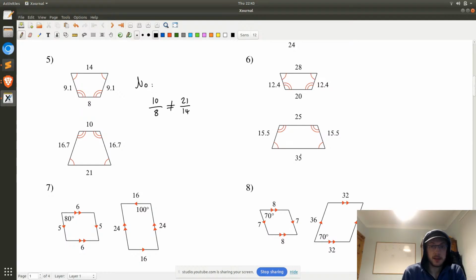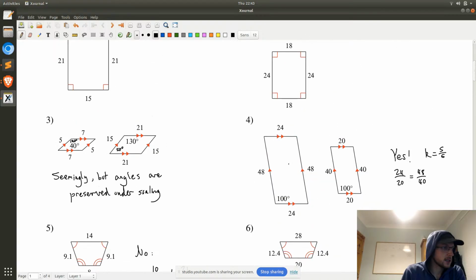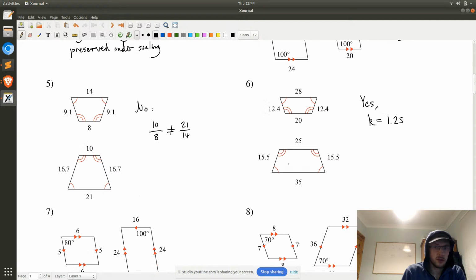And that works out here just fine. But what about here? To go from 12.4 to 15.5? Well, a quarter of 12.4 is 3.1, and so that's indeed true. Angles are preserved and sides are appropriately scaled. And we see that that's all correct.